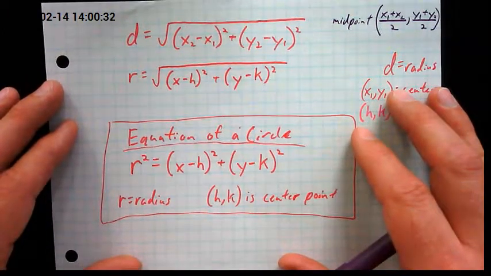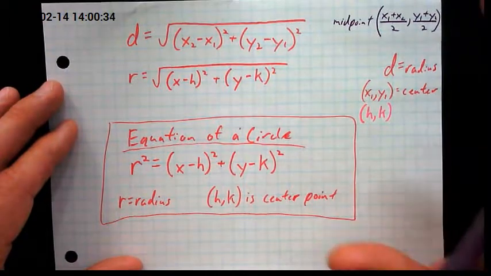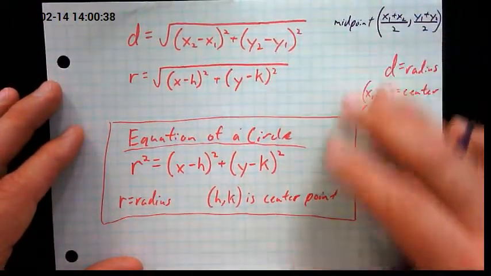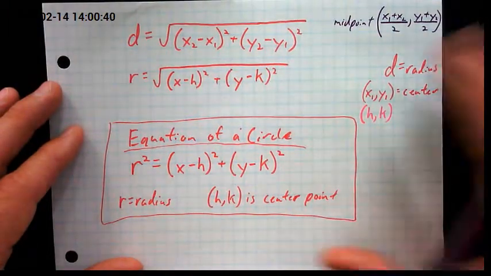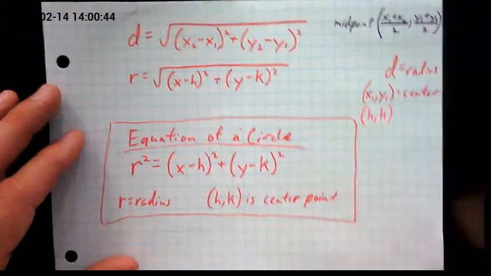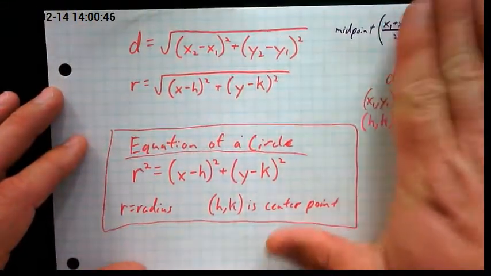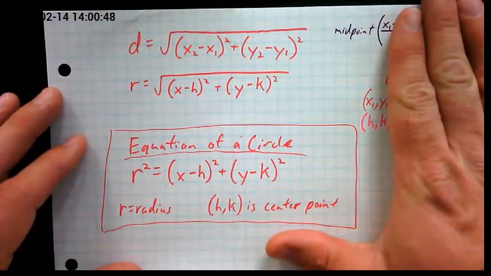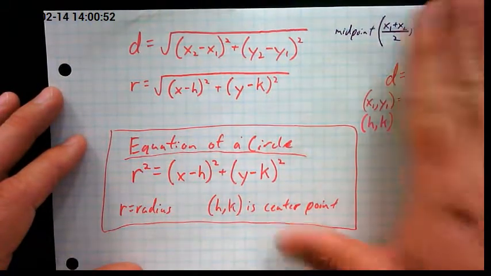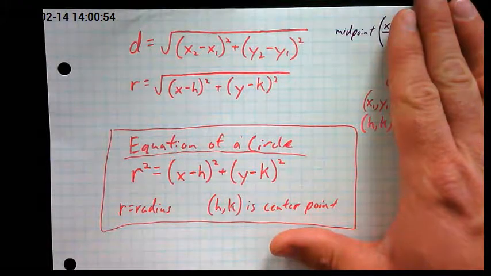Now, I will say this. When you did completing the square before, we talked about factoring. I will talk about it in terms where we don't have to factor, all right? But we still have to use completing the square. So again, that'll be for tomorrow. Today, this is all you really need to know in order to complete the questions that we're going to talk about during class and the homework for tonight.